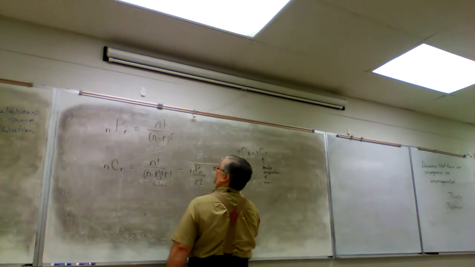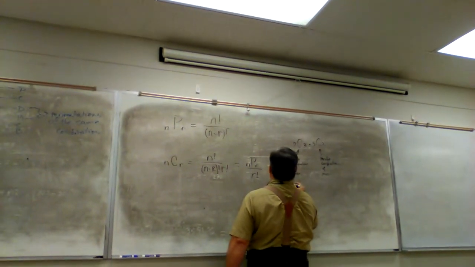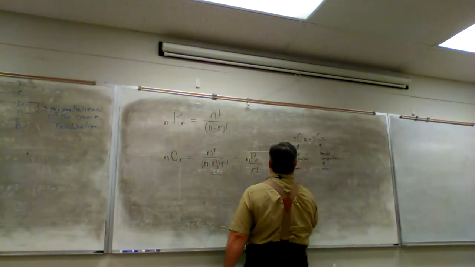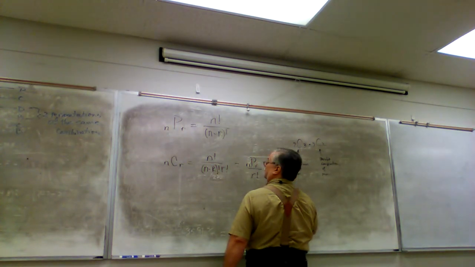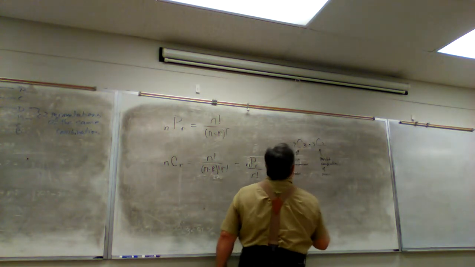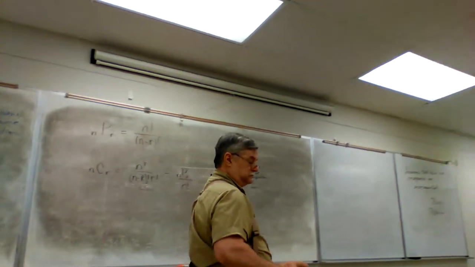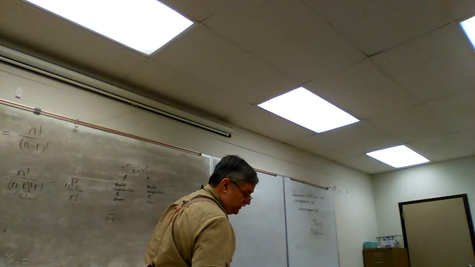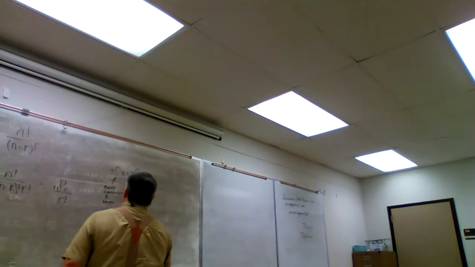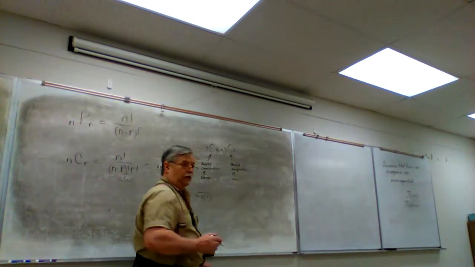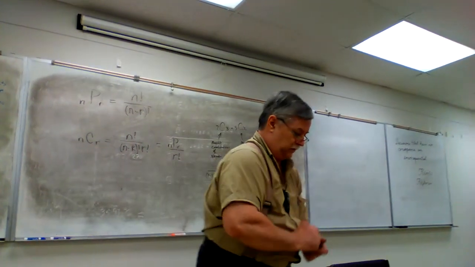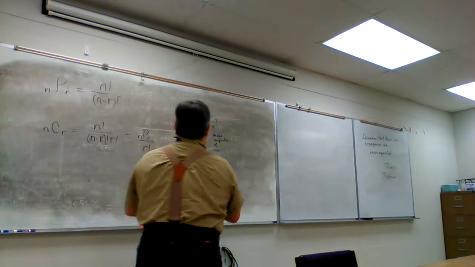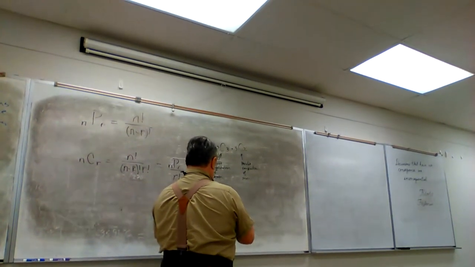And that works out to what? 7C3 would be 7 factorial over (7 minus 3) factorial times 3 factorial. Do they give us that number? They don't. You got your calculator out? No, here. Let's use this one. I got mine out.